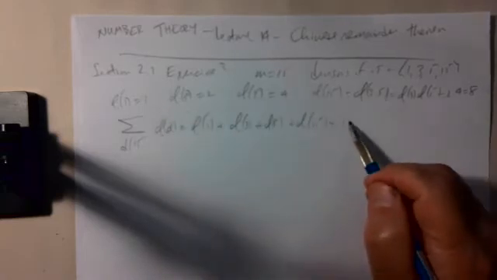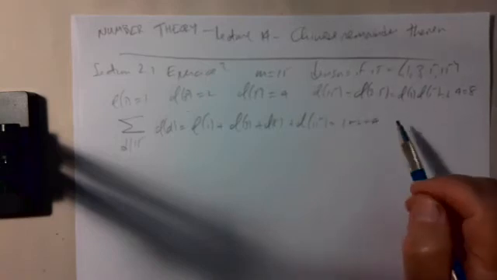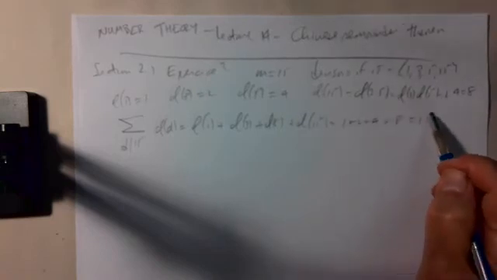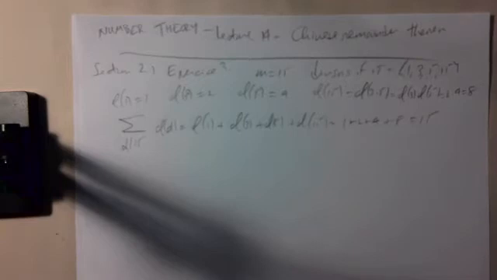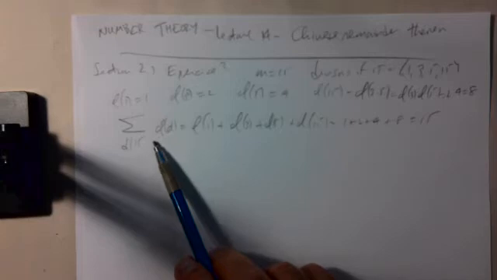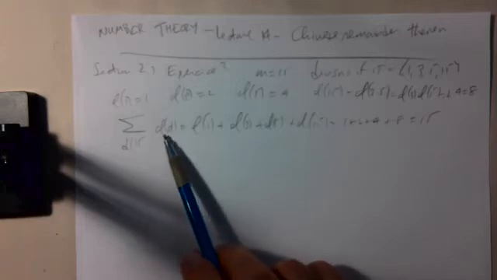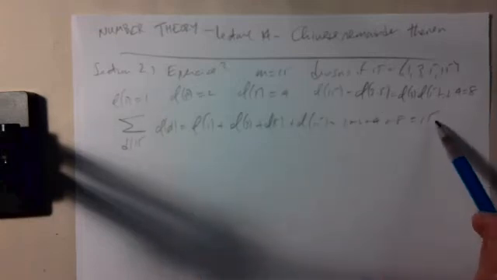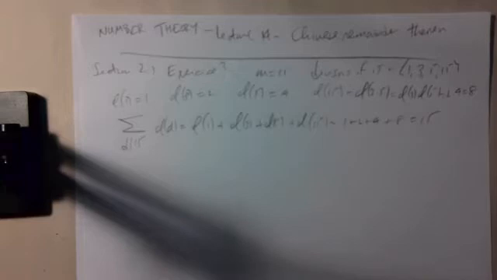That's 1 plus 2 plus 4 plus 8. And that's 15. So this is a special case of the theorem that if you sum over the divisors of a number m, phi of the divisor, you get the number m. And we want to do the same thing for 16, 17, and 18.